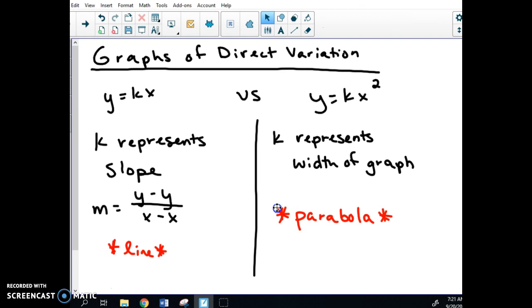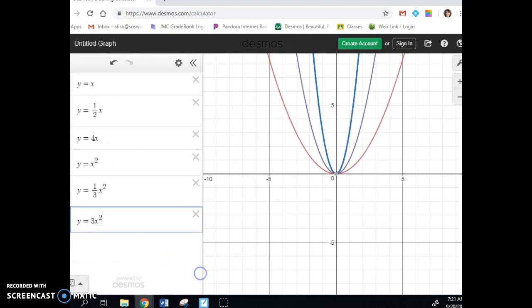So that's going to be our parabola. With our y equals kx squared, you can either have a min or max, depending on your situation. And we could see that based on our graphs. We had a minimum there at 0, 0. And this is just our vertex. Again, you're just looking for your min or max.